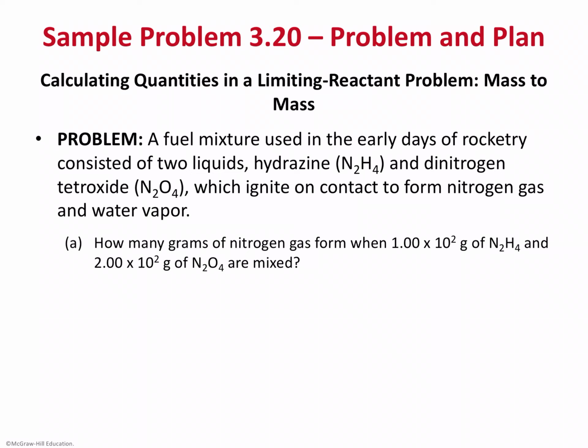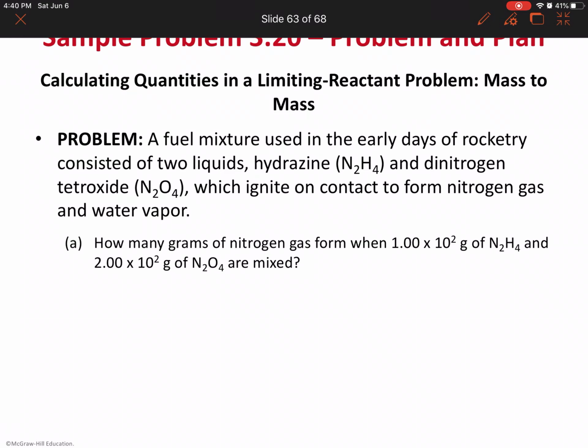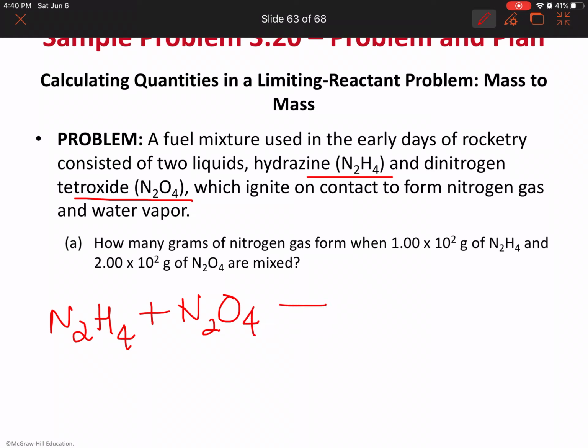First thing is, we need to write the balanced equation. Now let's see how to write the balanced equation. Our reactants are going to be hydrazine and N2O4. N2H4 plus N2O4 ignites to form nitrogen gas and water vapor.